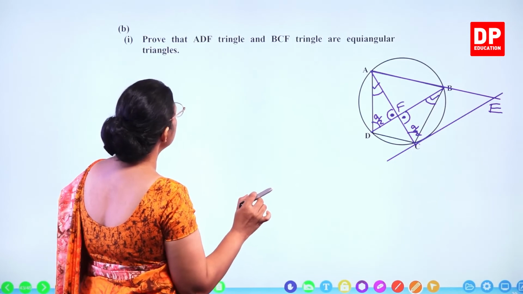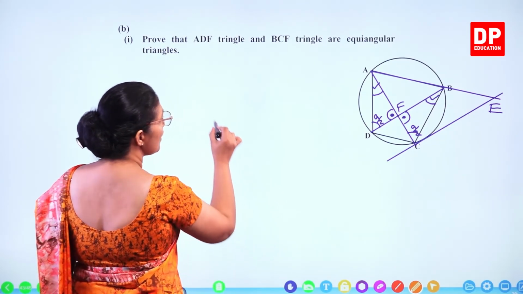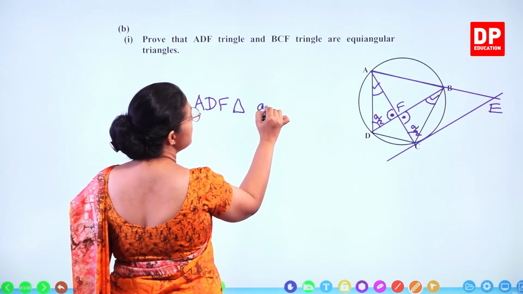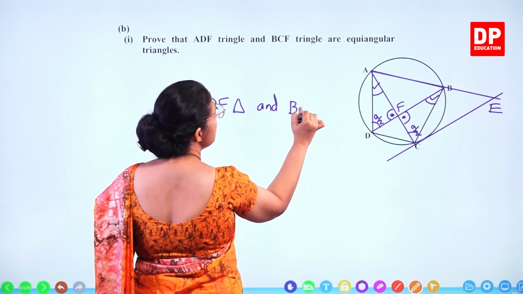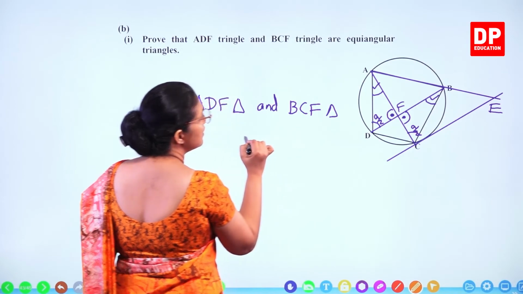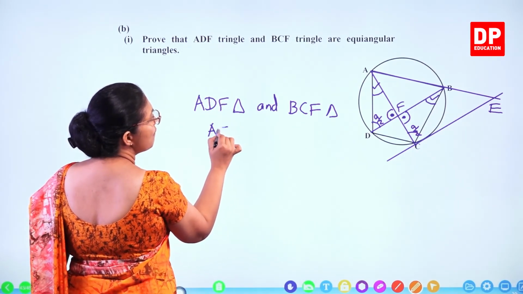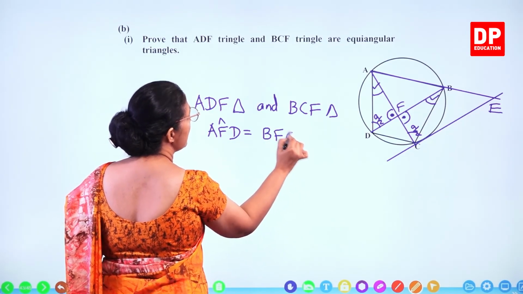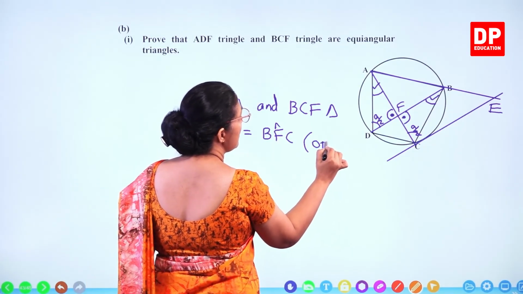So let's do that. ADF triangle and BCF triangle. AFD angle is equal to BFC angle. Opposite angles are equal.